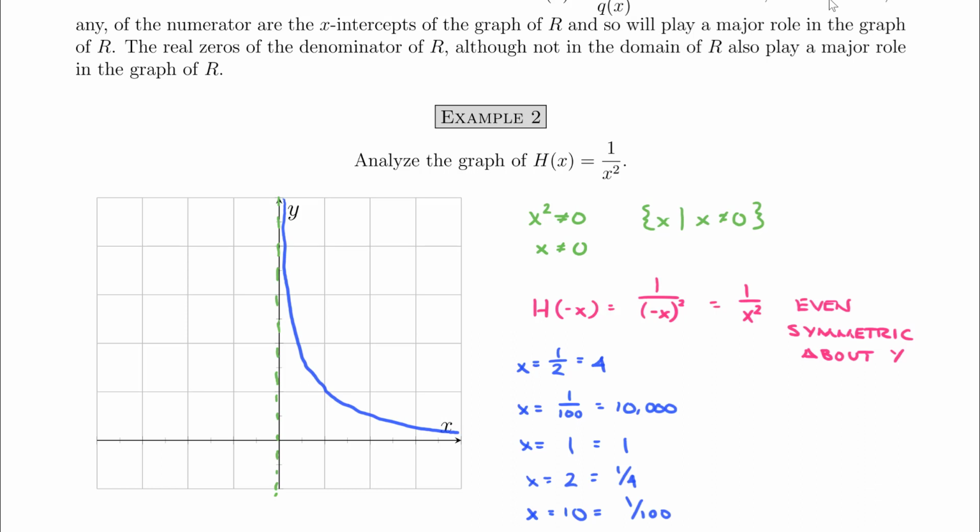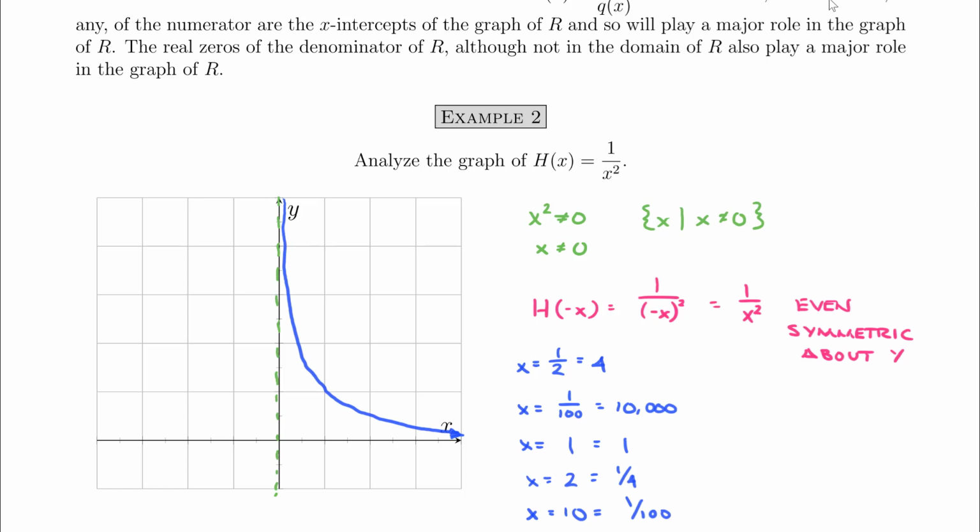This graph will never make it to 0. And then the same thing is true going out in the positive direction as we move out to larger x values. They're going to get really, really small, but they're never actually going to be 0. We can't divide a number and get 0 as a result. So it's going to approach the x-axis as it moves out to the right. And if we're moving from right to left, it's going to approach the y-axis, but never actually cross the y-axis.